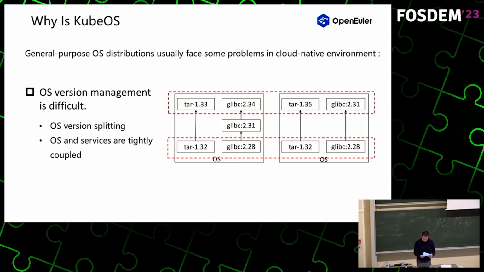Another issue is OS version management. If you have a standard package manager, you can add, remove, and modify packages independently on the OS. At the beginning you have an image which is clean, but then your different instances start differing. So you have what they call OS version splitting. You will have different packages installed on different nodes.